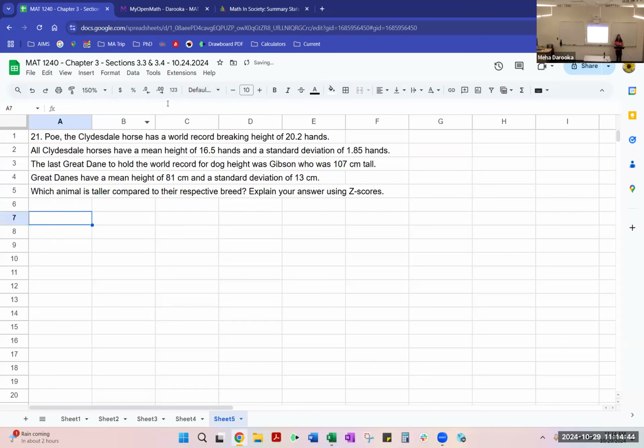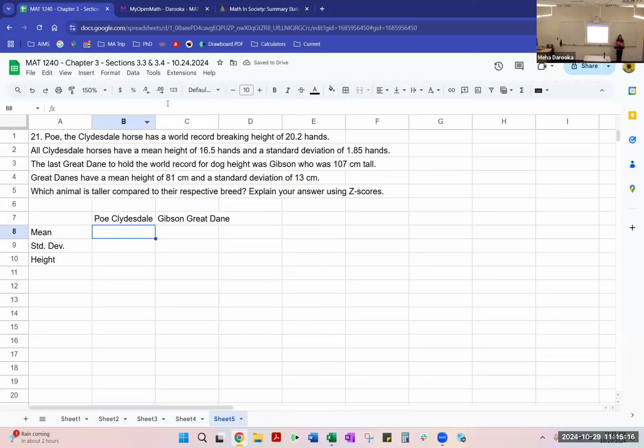All right, so you should be able to see the whole problem now. So we've got, this will use the name, Poe, the Clydesdale, and we've got Gibson, the Great Dane. Okay, so their mean, standard deviation, and then of course the current height for the animal itself.